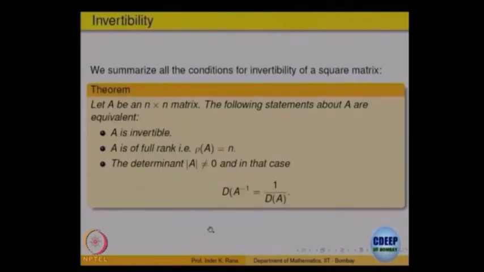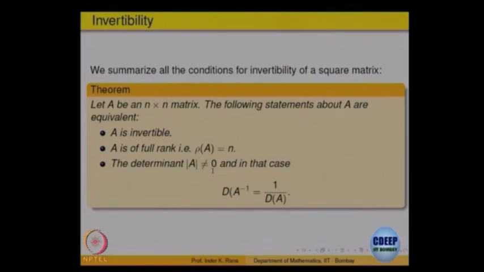So, I can now write equivalent ways of describing invertibility. First one was A is invertible. Now, we showed it is equivalent to full rank, which means the reduced row echelon form is the identity matrix. And now we have shown its determinant is not equal to 0.